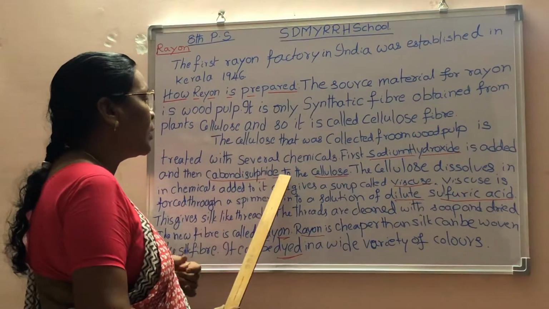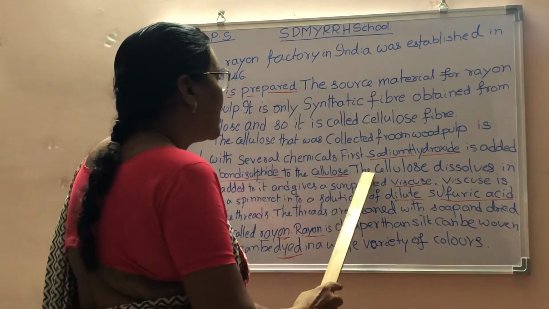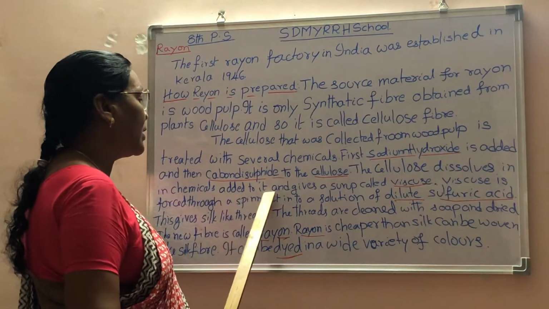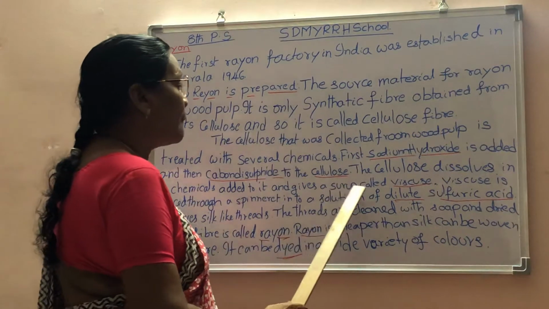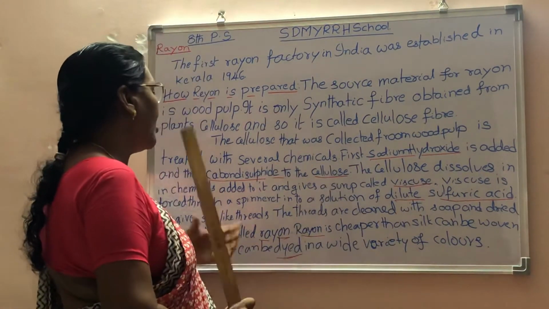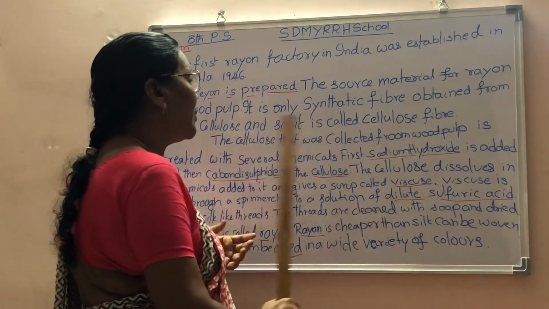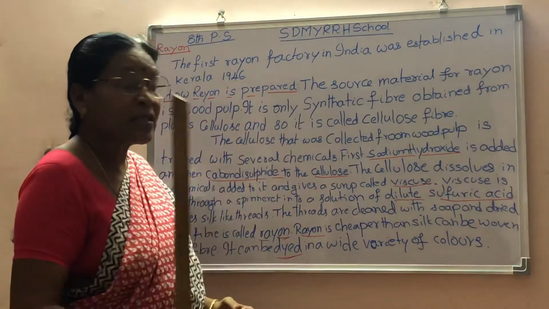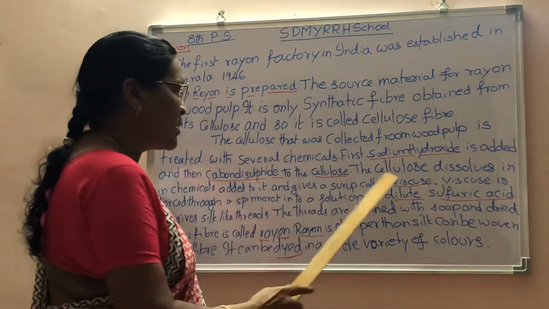The cellulose dissolves in the chemicals added to it and gives a syrup called viscose. This is cellulose, and it is added to two chemicals, sodium hydroxide and carbon disulfide, and the cellulose dissolves.